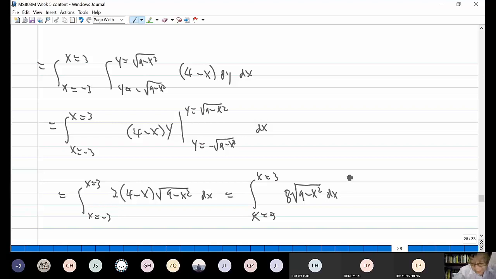The other one is minus the integral from x equal to minus 3 to 3 of 2x times square root of 9 minus x squared dx. 2 times 4 is 8, so 8 times square root of 9 minus x squared, and the other one is minus 2x times square root of 9 minus x squared. So I split them into two integrals. Okay, I need to evaluate these two integrals.